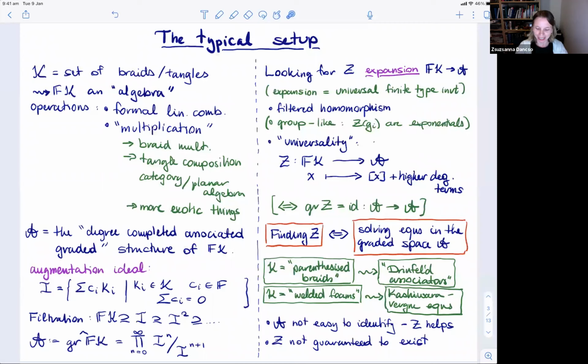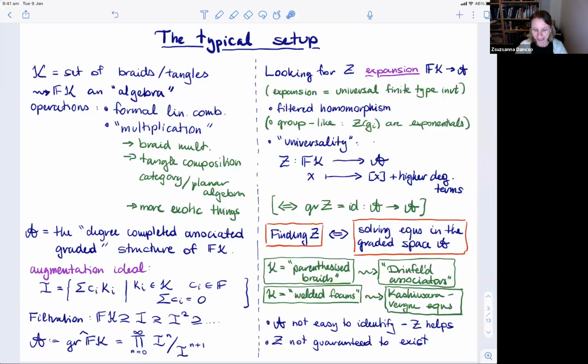The abstract way is just saying, because associated graded is a functor, the associated graded of this map Z is a map from A to A, because it's a map from the associated graded of Fk, which is by definition A, to the associated graded of A, but A is already graded, so it's its own associated graded. So this is a map from A to itself, and we require this map to be the identity map.